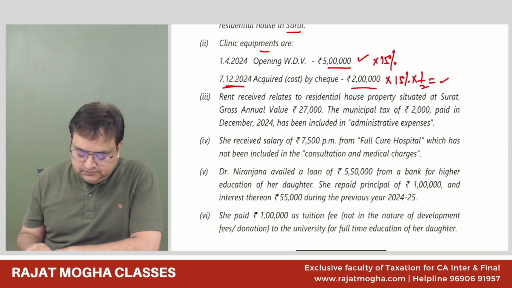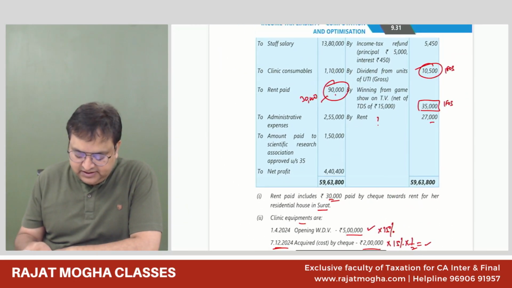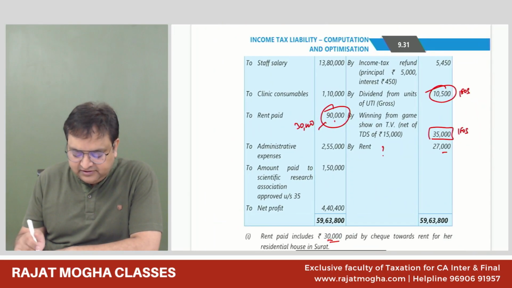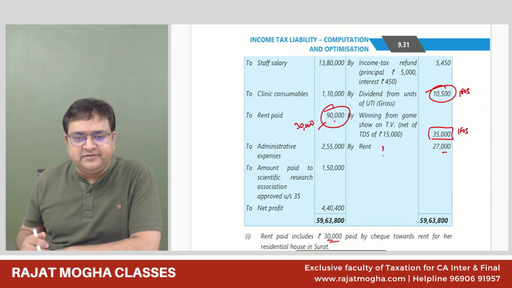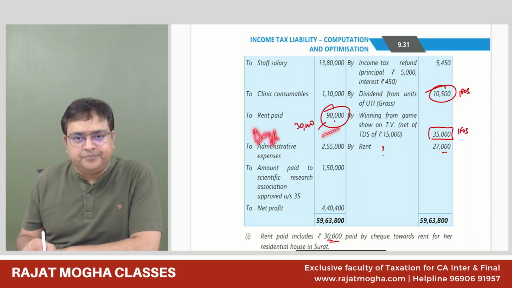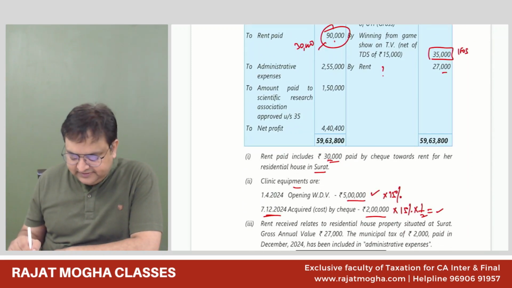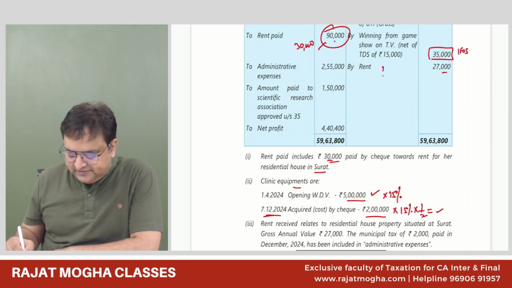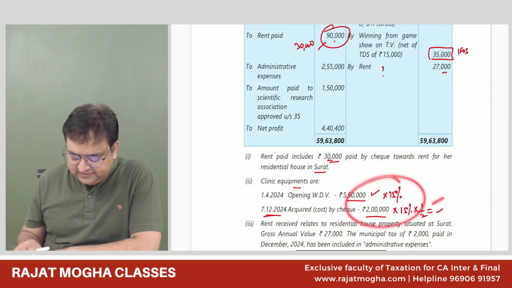Now, have they given depreciation on the expenses side? No, they have not given any depreciation. Had they given any depreciation in their P&L account as per the books, we would not consider that depreciation; we would consider this depreciation. Since in this question they have not given the depreciation, we'll simply compute the depreciation that will be allowed.